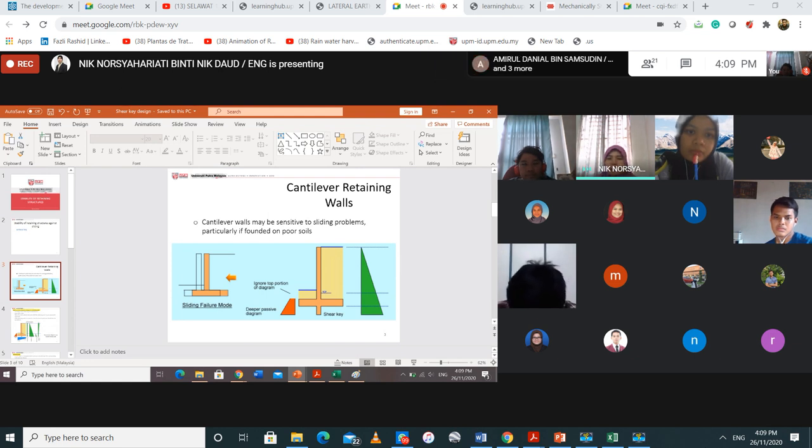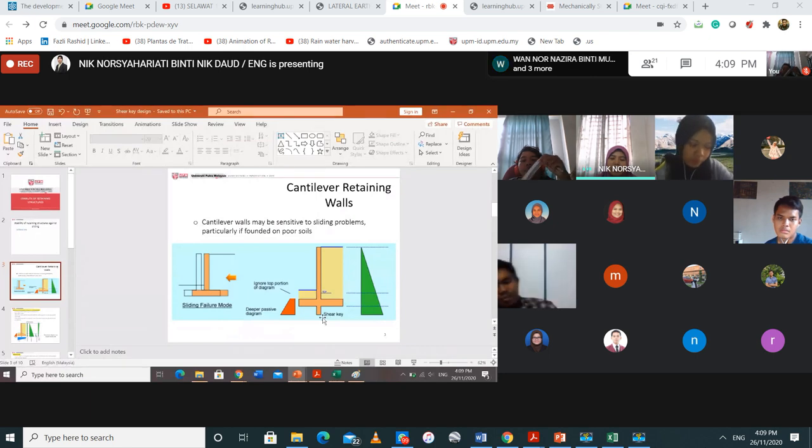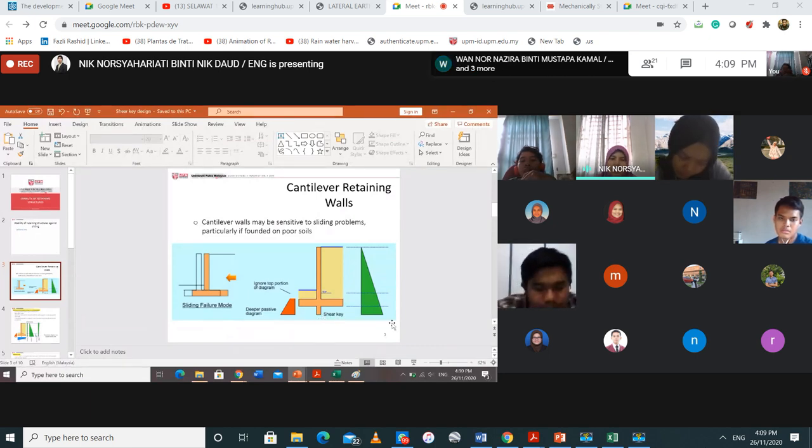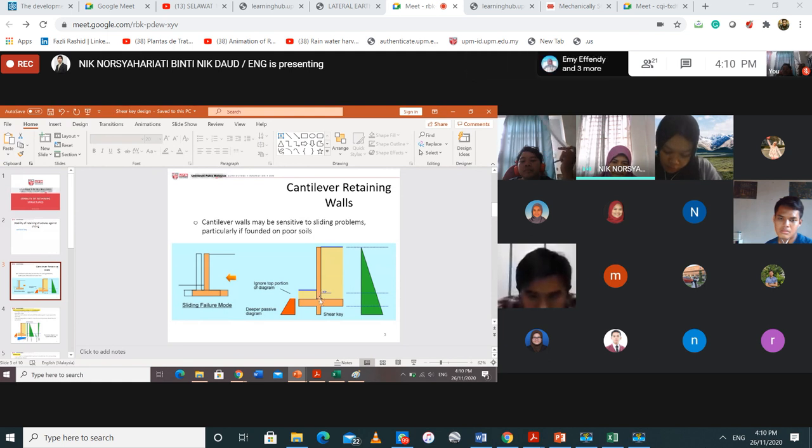If you look at the figures I share here for sliding problems, shear key for retaining walls is normally put at the bottom of the base of the structure itself. But in some cases it is also put at the bottom of the stem.